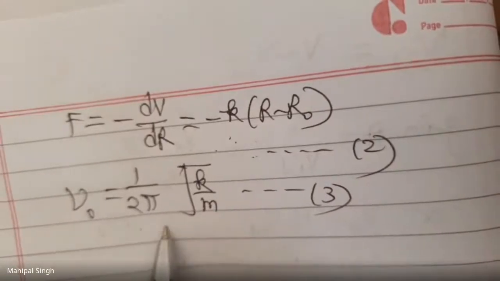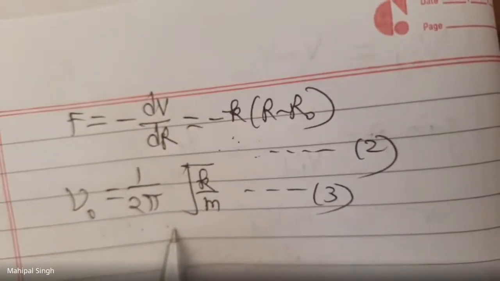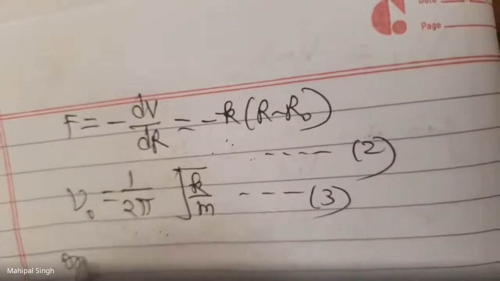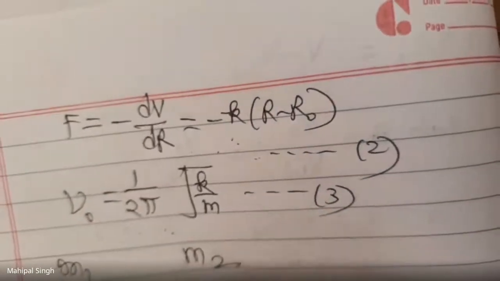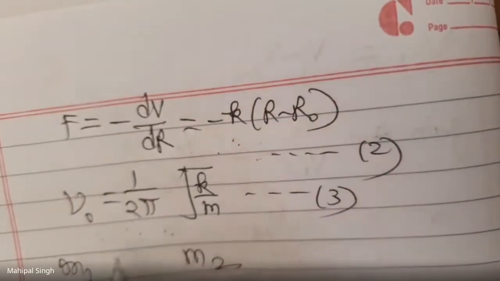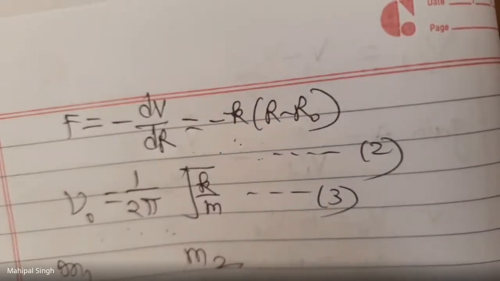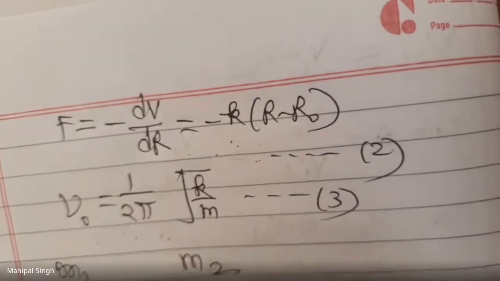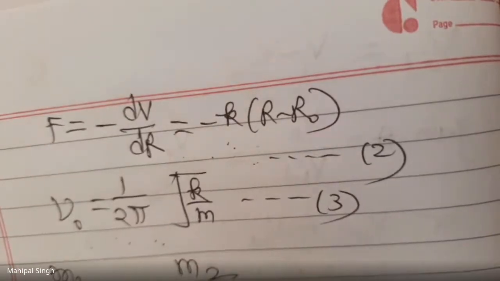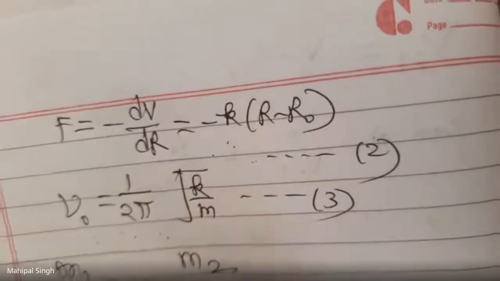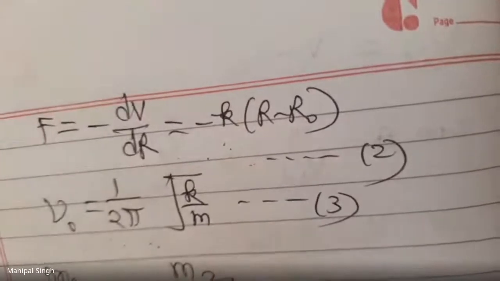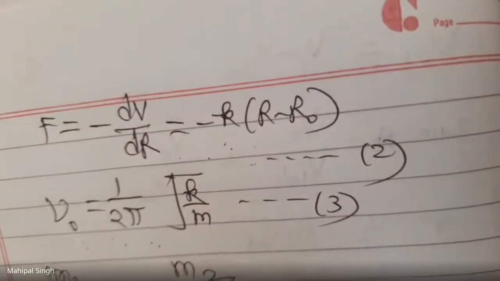In the diatomic molecule, we have two bodies of masses m1 and m2 joined by a spring. The use of the reduced mass reduces the problem of two particles m1 and m2 vibrating about their common center of mass to the problem of a single mass mu vibrating about a fixed point.